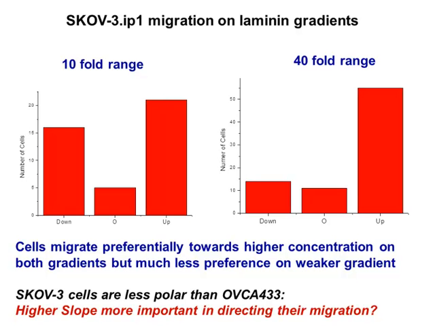If we look at these nonpolar SKOV cells on the 10-fold gradient, we get a statistical preference, but it's not much. Then if we do this over a range of 40, we're back to about a 4-fold preference. So here the slope matters a lot, and my sense is it matters because these cells are not very polar, so they actually need an additional cue to push them in the right direction.